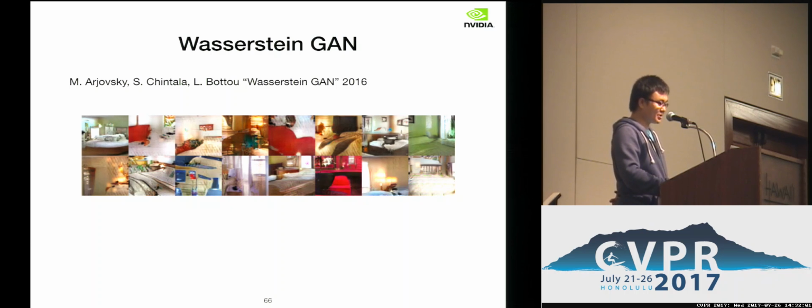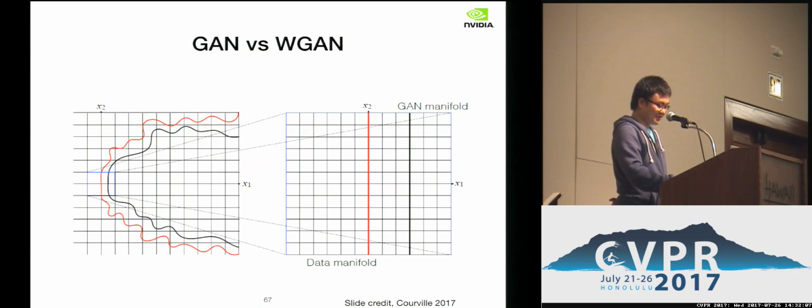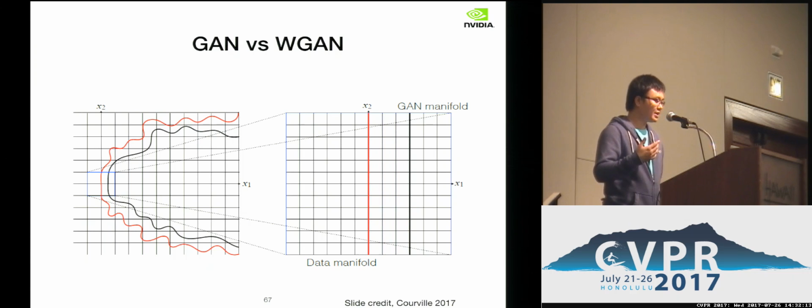The paper produced quite nice results. They try to motivate why this Earth mover distance is better than the Jensen-Shannon divergence. The example they use is this one.